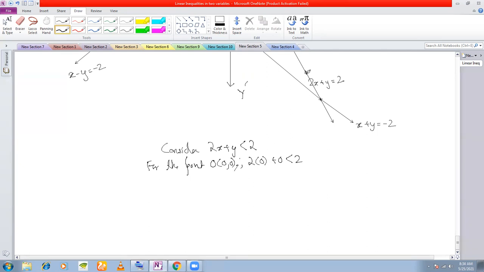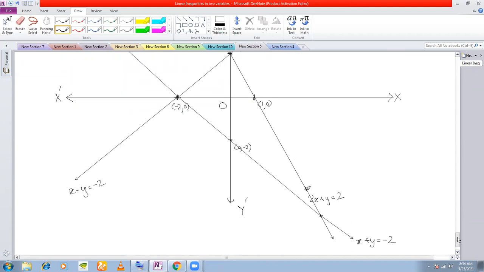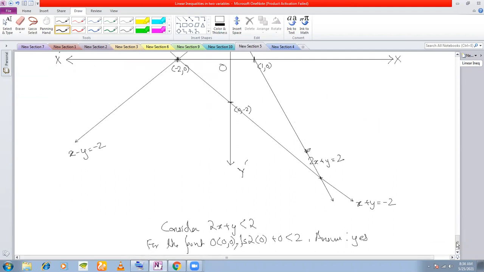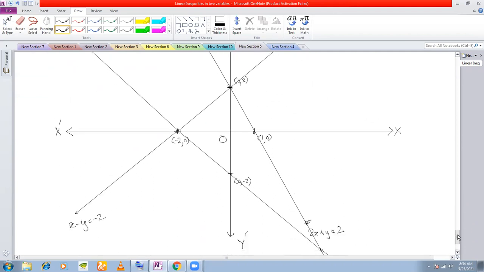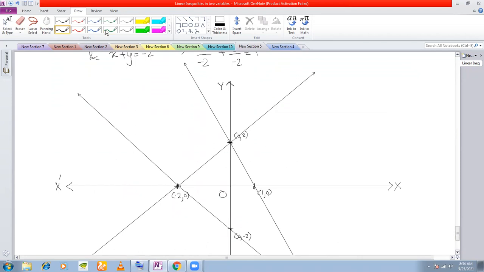Question is, is it less than 2? Answer is yes. So therefore, we'll shade, I'm not writing all this, you just shade the origin side of this straight line. Which is the origin side of this straight line? All this side, right?